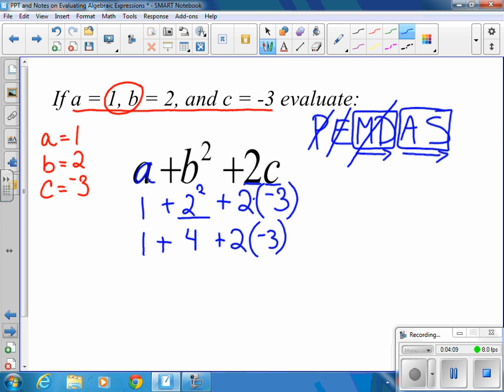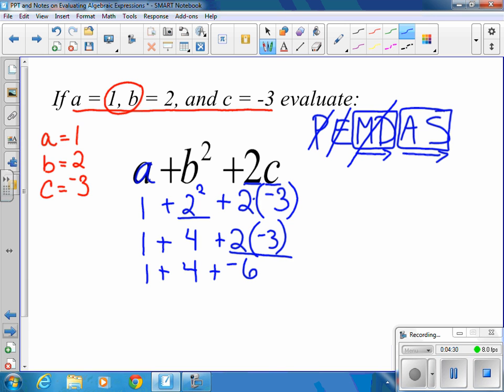Well, the first thing I have is 1 plus 4. Then I have 4 plus 2, so I don't have anything yet. Now I have 2 times 3. That's what I'm going to do right here first. 1 plus 4 plus a -6, because again, 2 times 3 is 6, but we have a +2 and a -3.